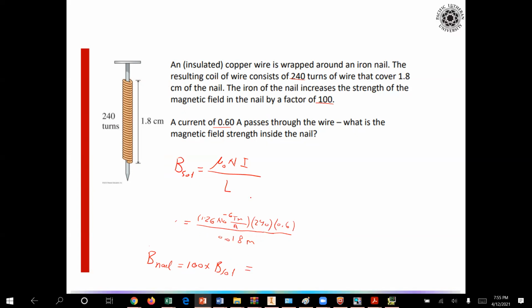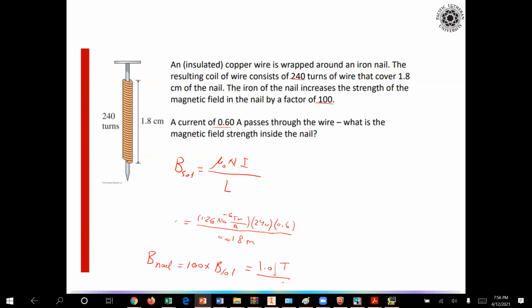So I take this number times 100, and I end up with 1.0 Tesla. Again, this is a very remarkable value. We mentioned that the Tesla is a very big unit, so using those wires and the nail, we generate a huge magnetic field in magnitude.